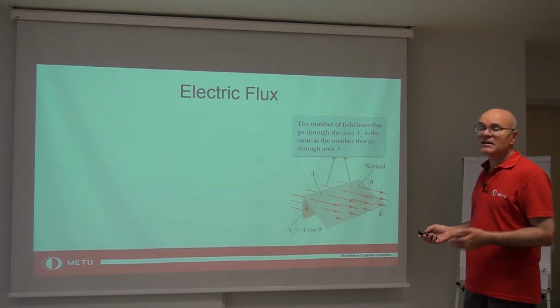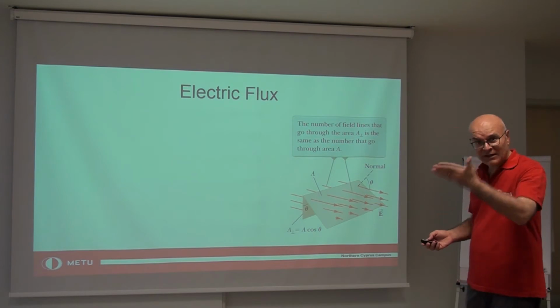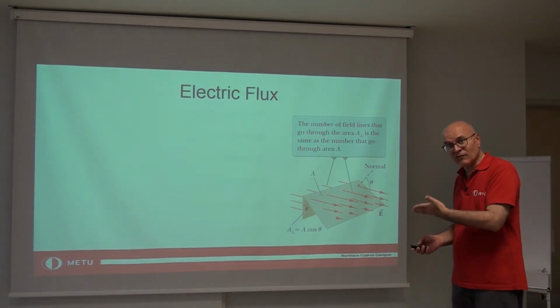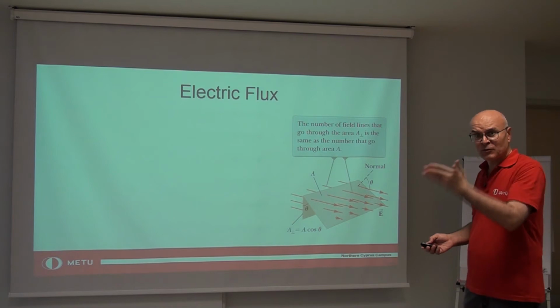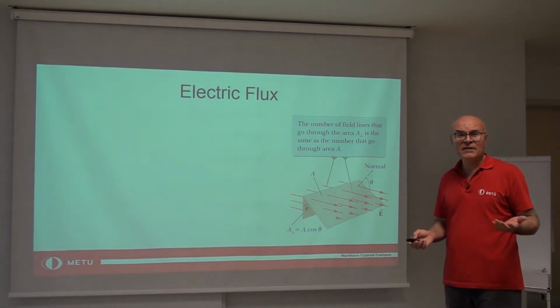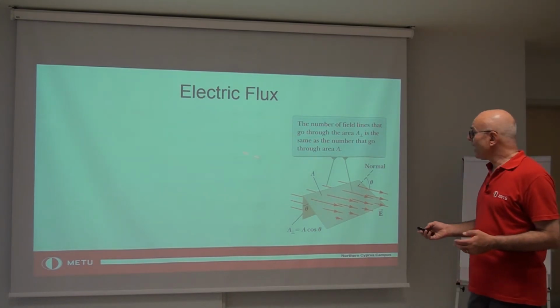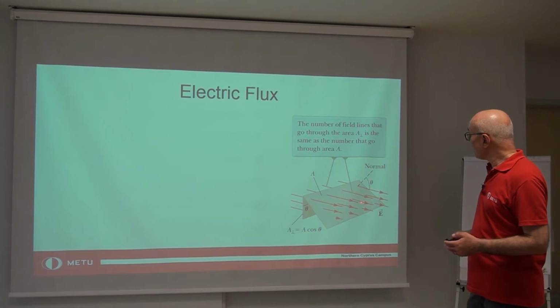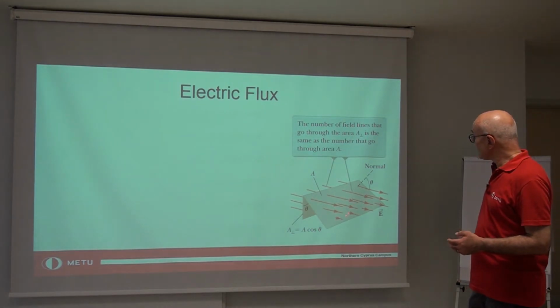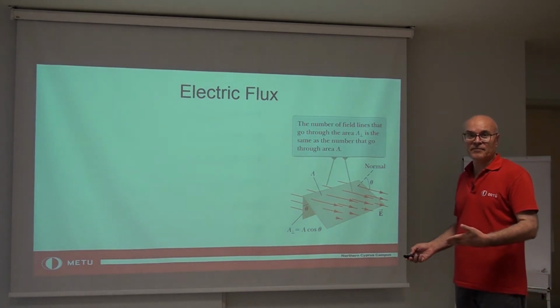Now, what if the surface that you want to find the flux through was not perpendicular to the field? In this case, how do you find the flux through that surface? Well, in this case, you find the area of the surface projected into a plane perpendicular to the field.